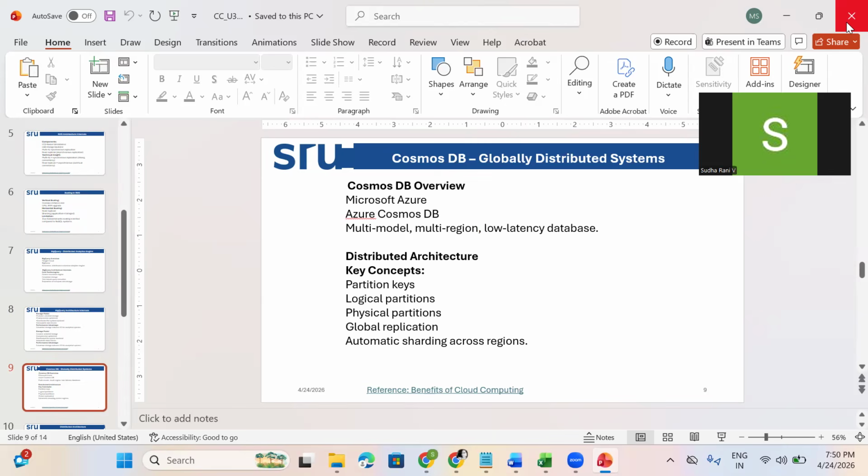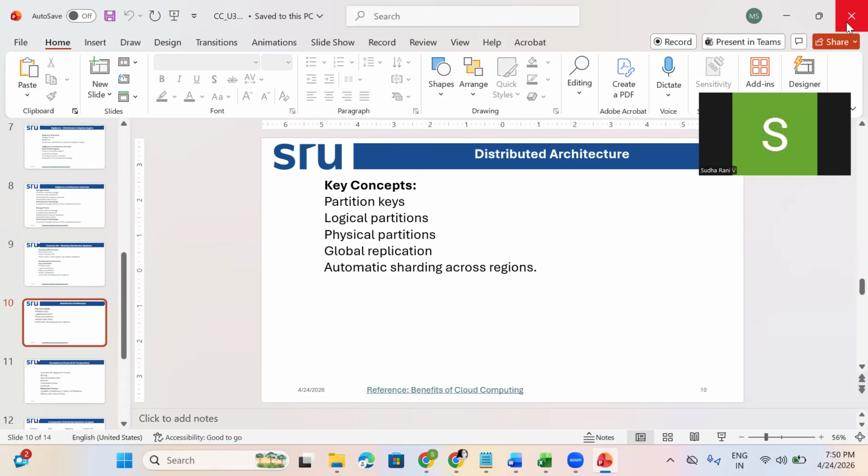Coming to architecture, key concepts: partition keys, logical partitions, physical partitions, global replication, automatic sharding across regions.